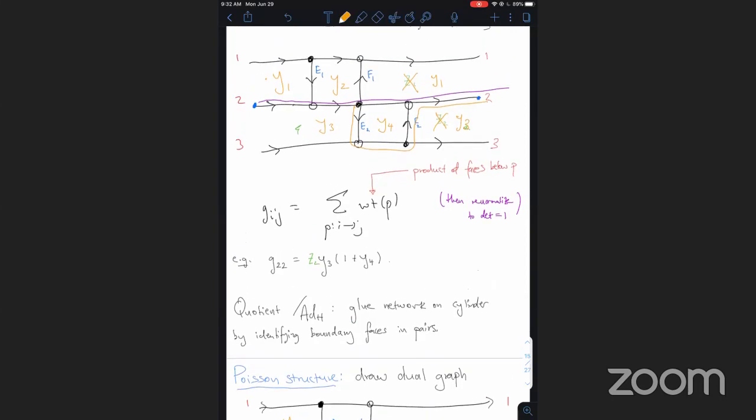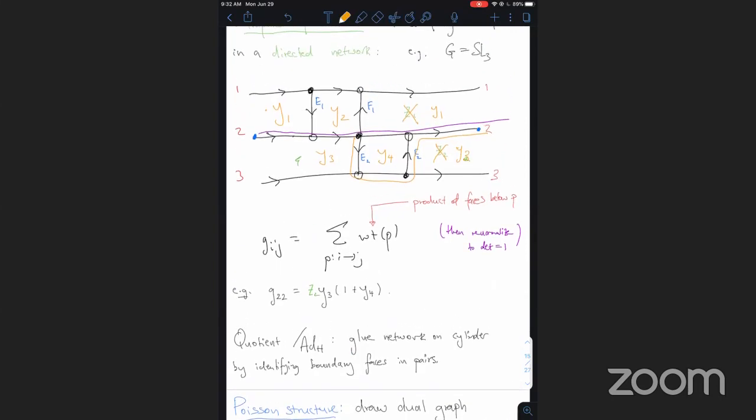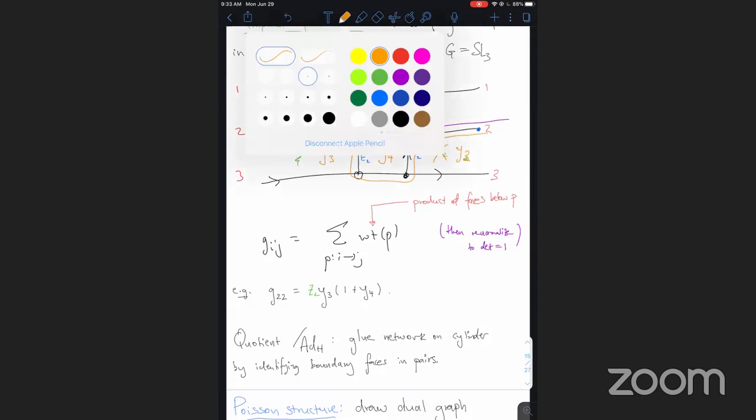The first observation to make is that vertices of this network come in two types.